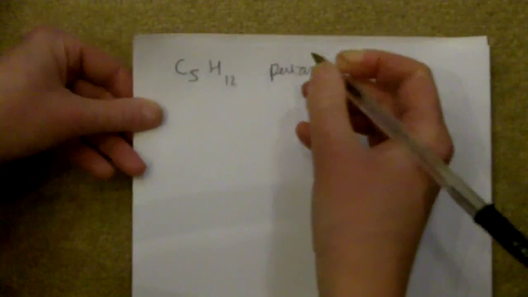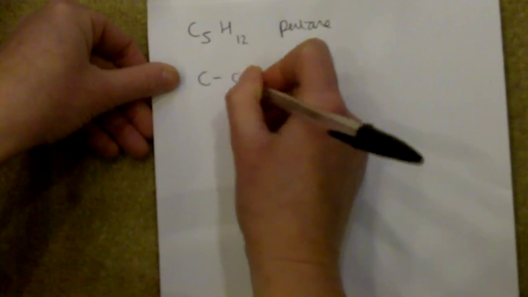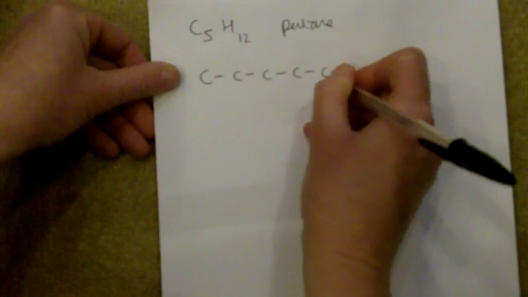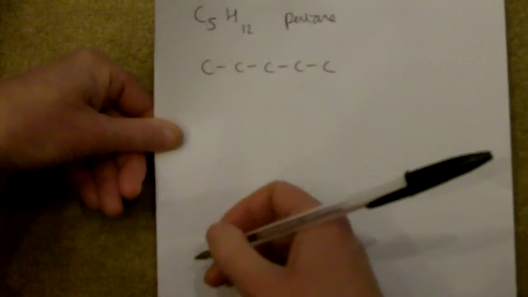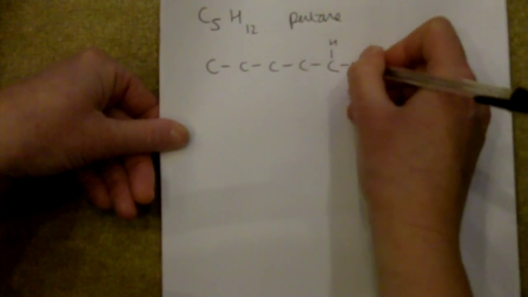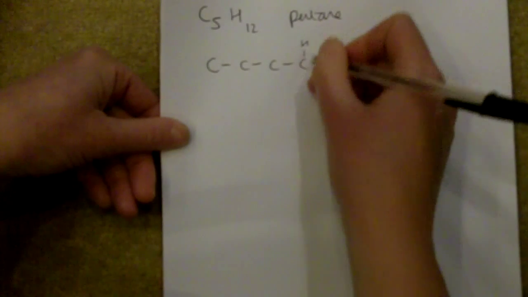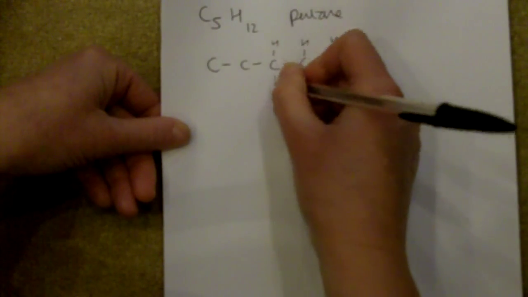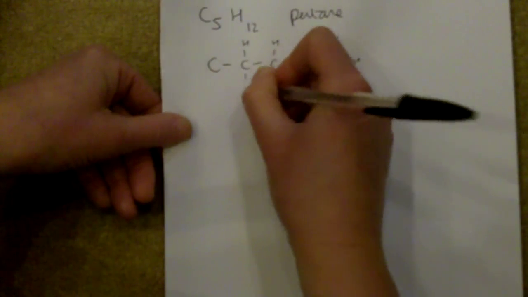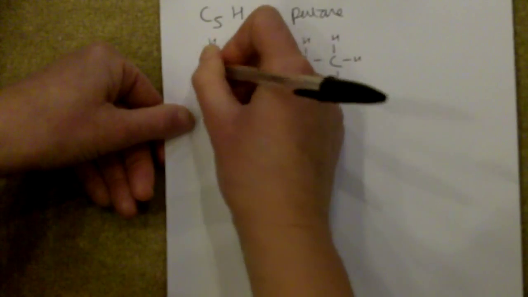Now pentane is 5 carbons in a straight row like this. Each carbon has 4 bonds. Carbon has to have 4 bonds.